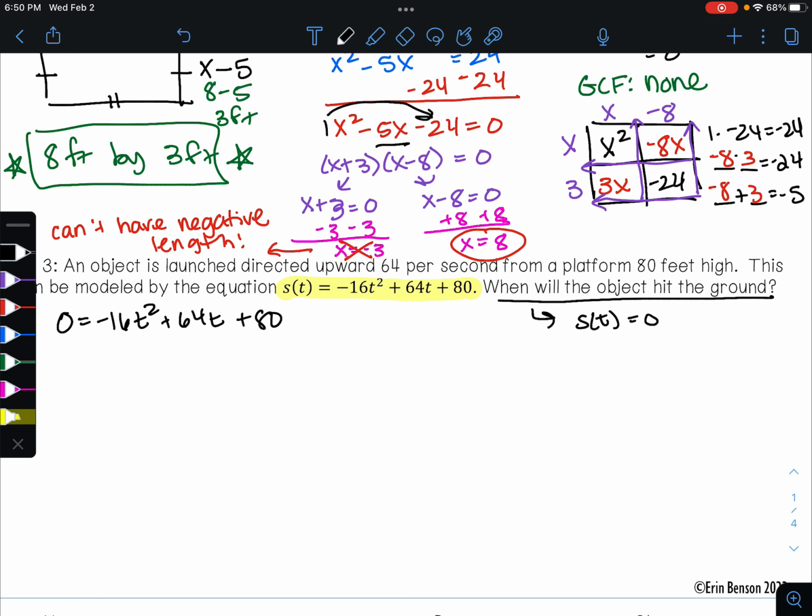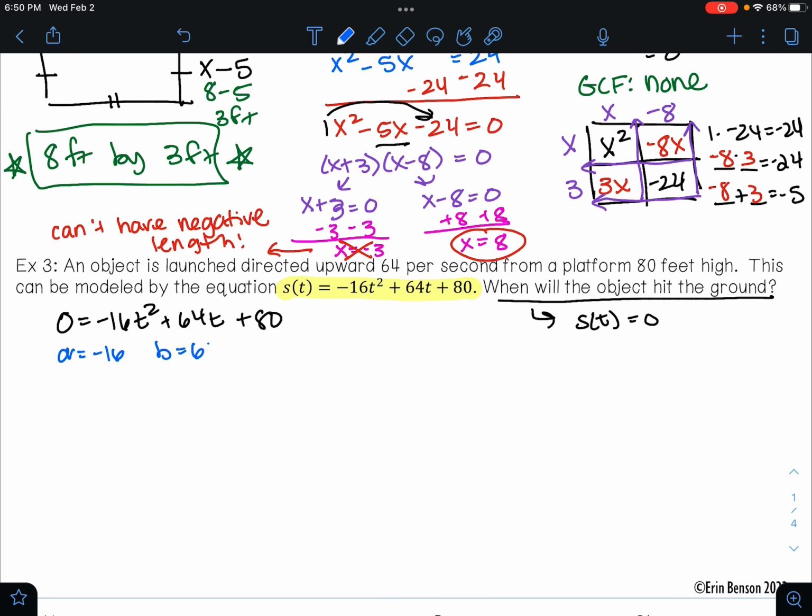It equals 0, so we could try to solve by factoring, or we could use the quadratic formula, whichever you prefer. Since I have some larger numbers here, I'm not going to try to factor it. I'm just going to use the quadratic formula because I know that's going to work every time. So if I use the quadratic formula in this problem, a is negative 16, b is 64, and c is 80.